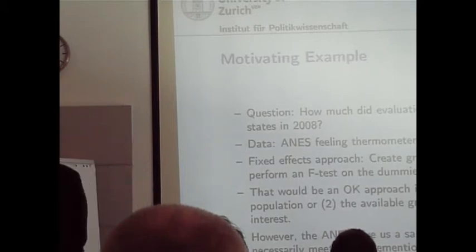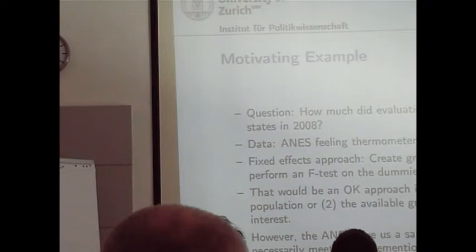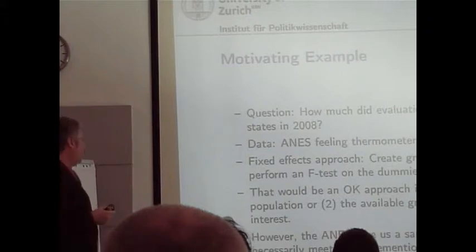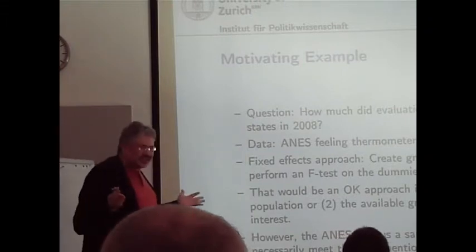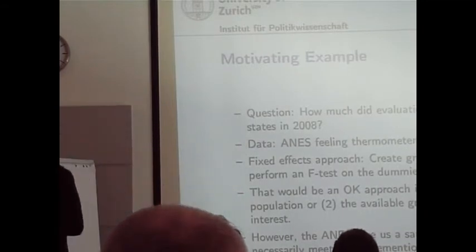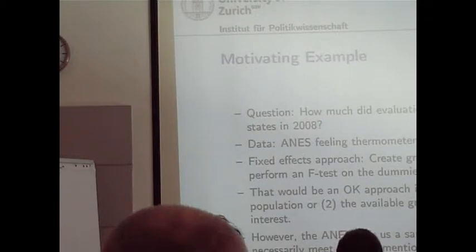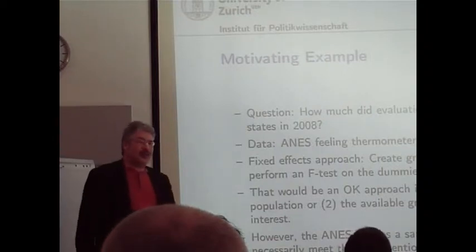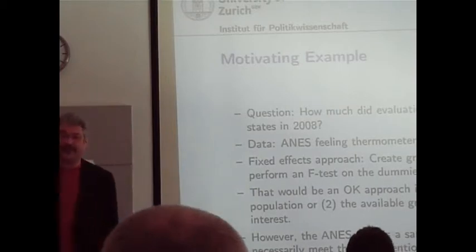There are 33 states included in the ANES on that basis, if you ignore Washington, D.C. So this is not an exhaustive population, and I also have no reason to believe that those 33 states are the only ones I'm interested in. For example, Hawaii is not part of the sample. Does that mean I'm not inherently interested in Hawaii? No, I am. It's just I don't happen to have that in my data set.